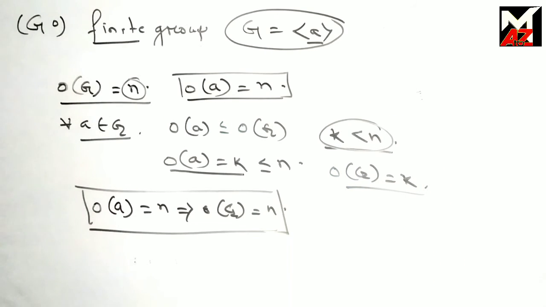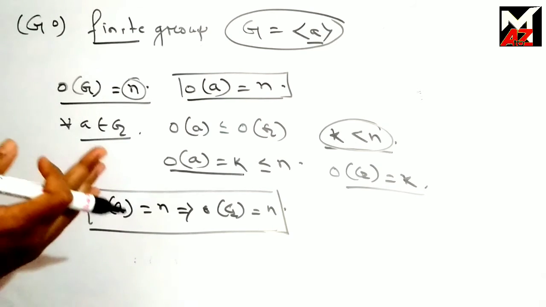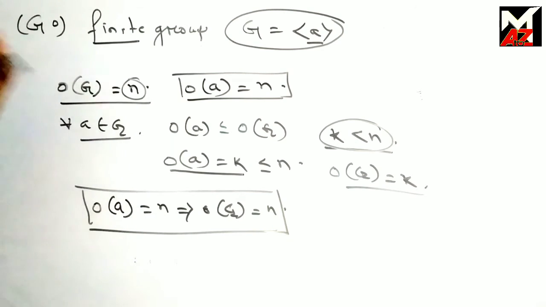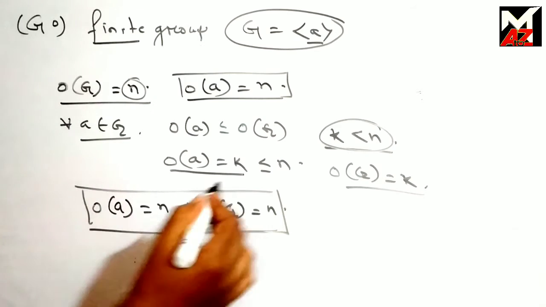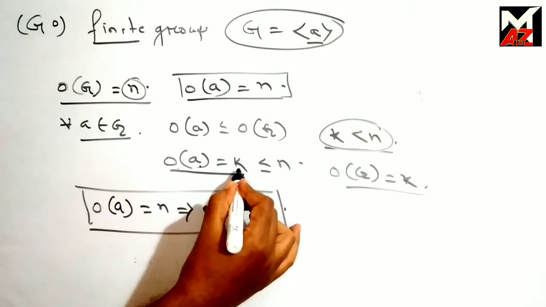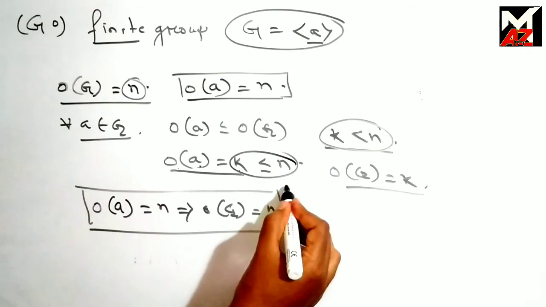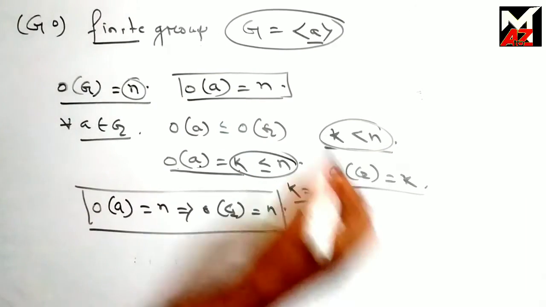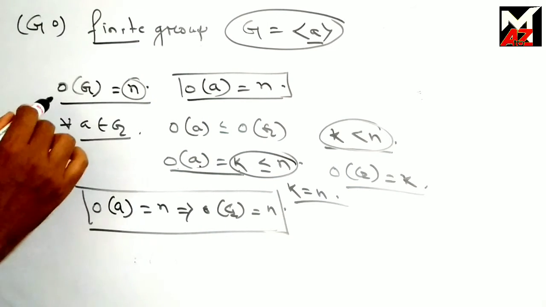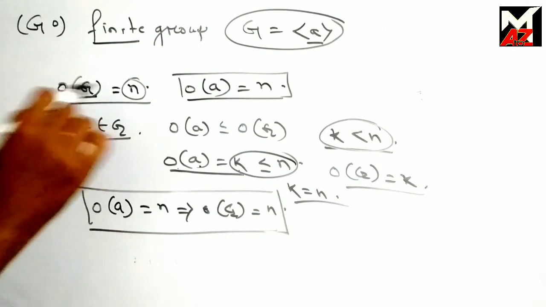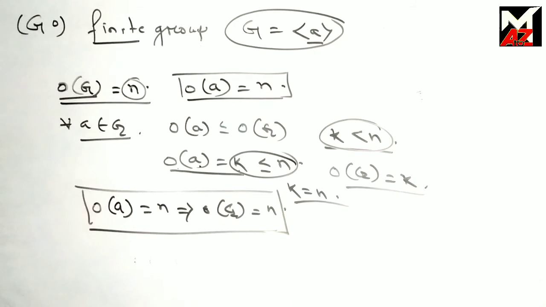But our assumption is that the order of G is equal to n. So by using the first part, we say that the order of A is equal to k, less than or equal to n, and this holds only if k is equal to n. So if the order of G is equal to n, then the order of A must be equal to n.